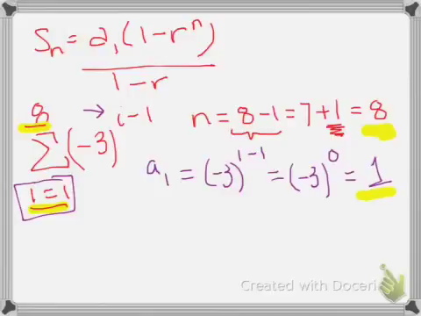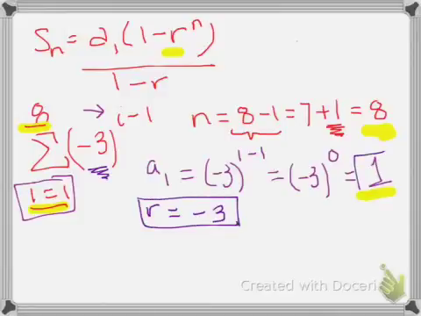Next, we have to go ahead and find our r. The r should be fairly easy by looking within the parentheses. So whatever number is in the parentheses is your r. So we know that r is equal to -3.